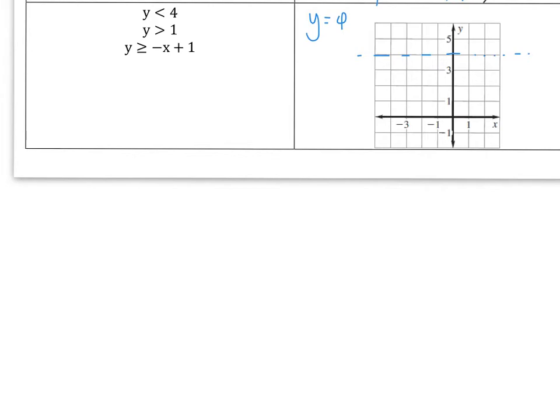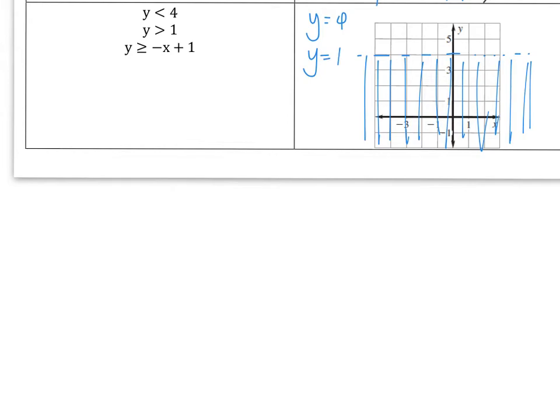Then we shade everything downwards because we want all y values less than 4. Then we graph y equals 1. That would be here. Also a dashed line. Maybe I'll use red. And it's greater than 1 for all the y values, so we need to shade upwards.